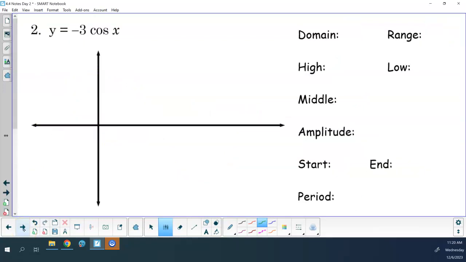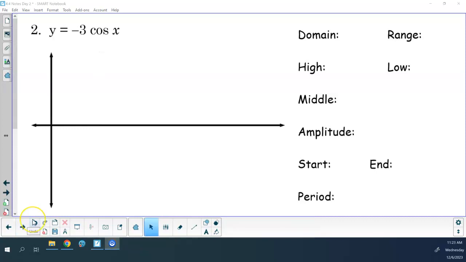You now try y equals negative 3 sine of x. So, a value is negative 3. Okay? Does that affect the domain? No, so the domain is still all real numbers.